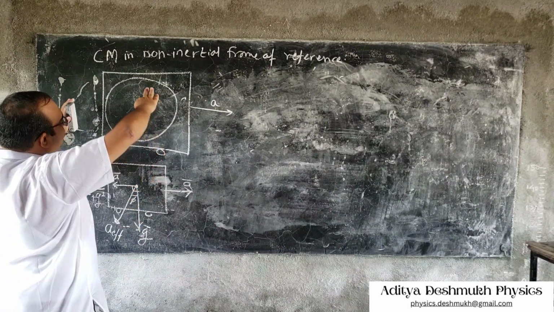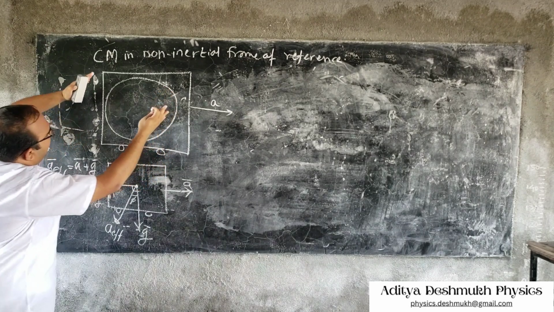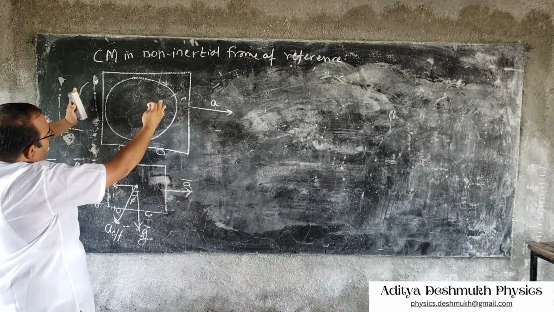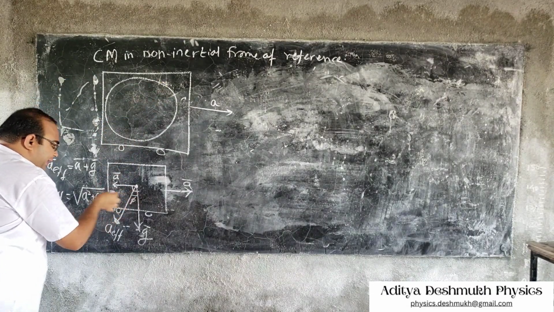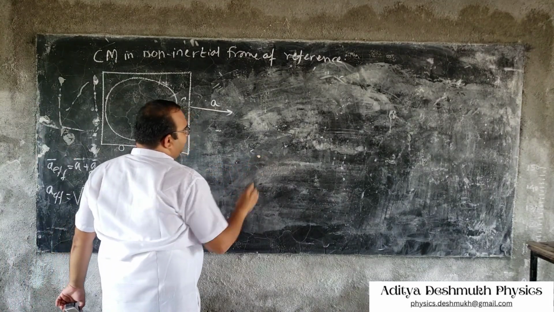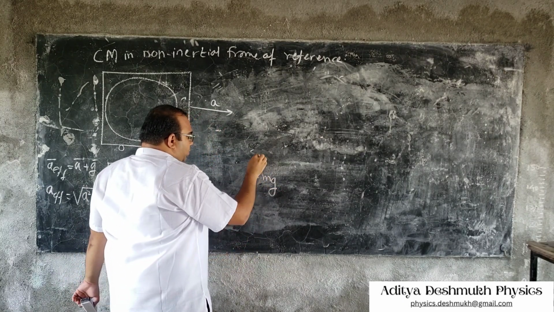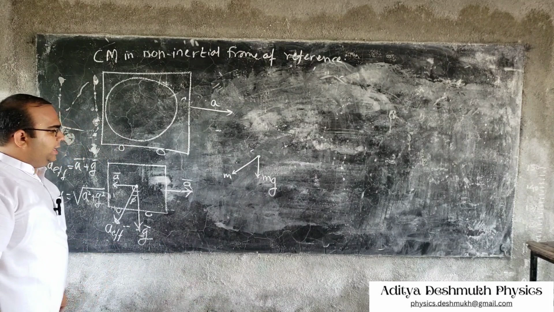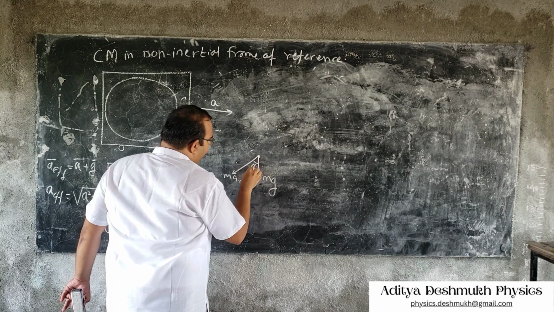So my whole analysis will turn towards a line which is at angle phi with the vertical. Initially my weight was in this direction, but now I will have to apply my weight in the direction of A effective at phi.